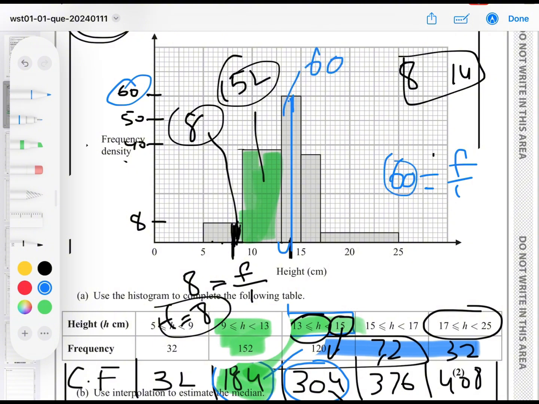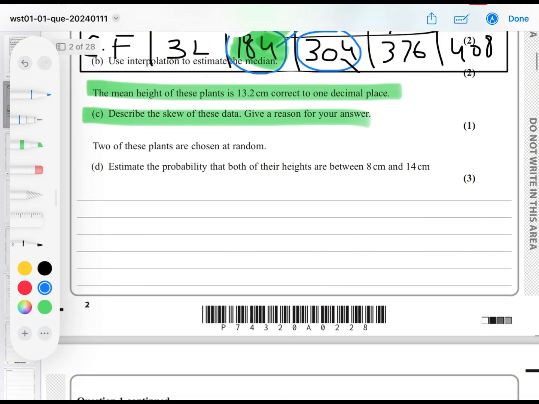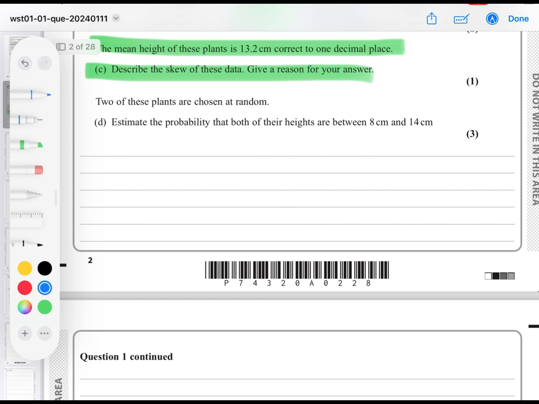Now the frequency from 8 till 14 is 152 plus 8 plus 60, which becomes 220, and the total sample with us is 408.